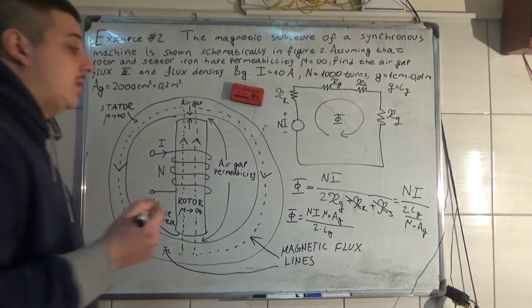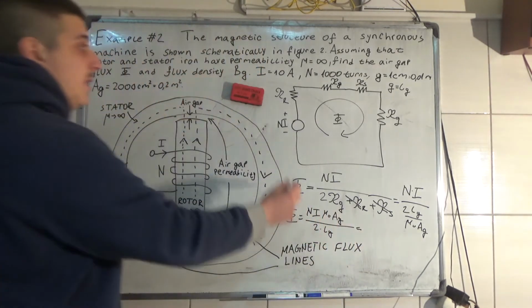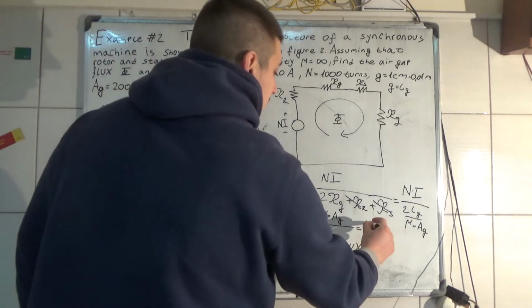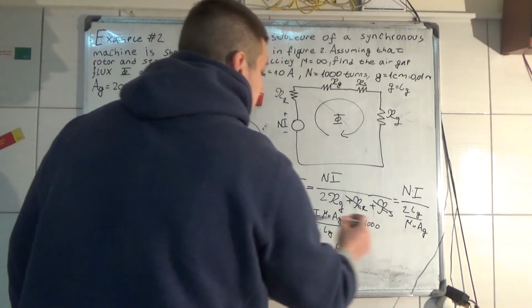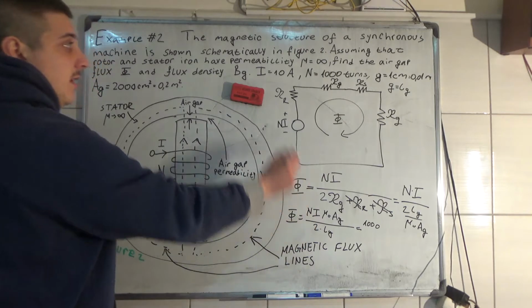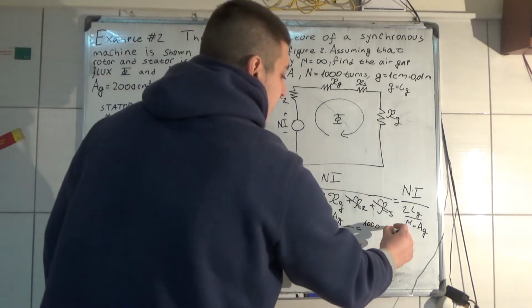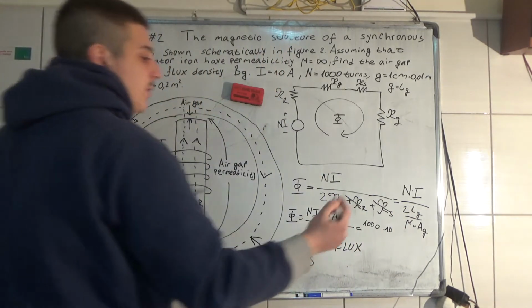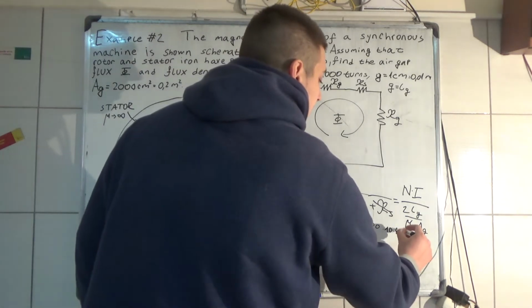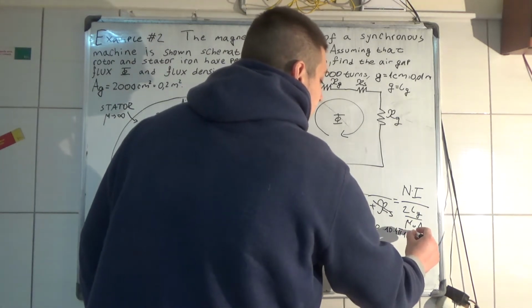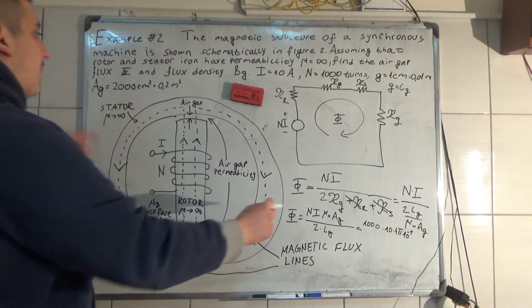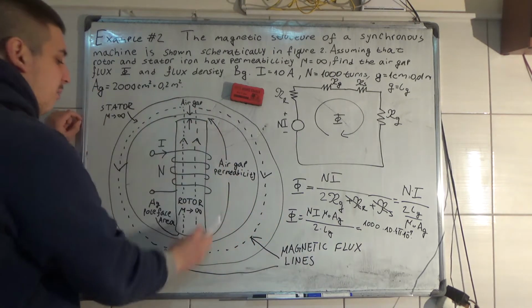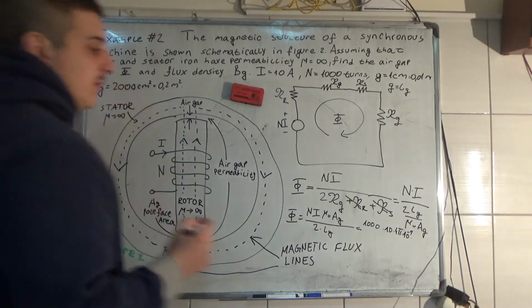So for N we have 1000, for the current we have 10 amperes, for mu 0 it's 4 pi 10 to the minus 7 times the area of the magnetic pole, which is 0.2.